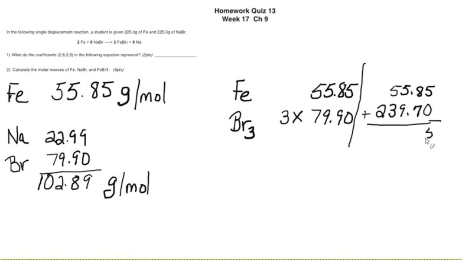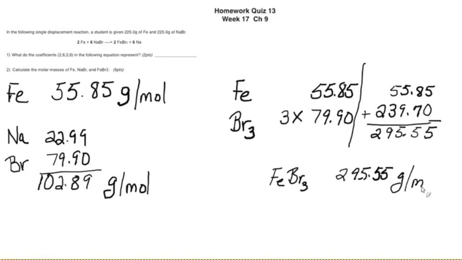And then you just add those two together. And so the weight of iron 3 bromide is 295.55 grams per mole. Okay, so those are the molar masses for iron, sodium bromide, and iron 3 bromide.